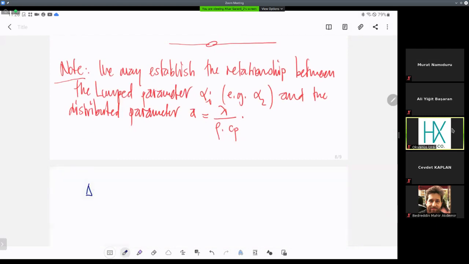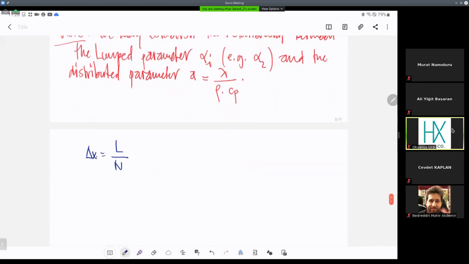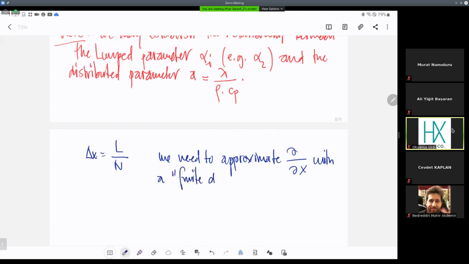Let's say that delta x is L over N. Also we need to approximate the derivative with respect to the space variable, d over dx, with a finite difference formula.